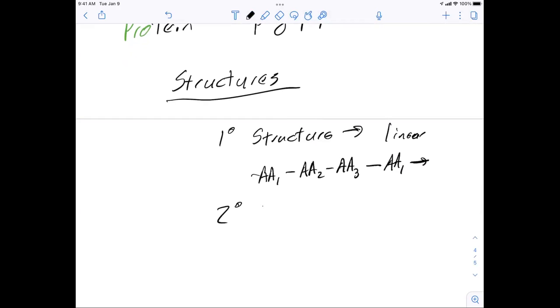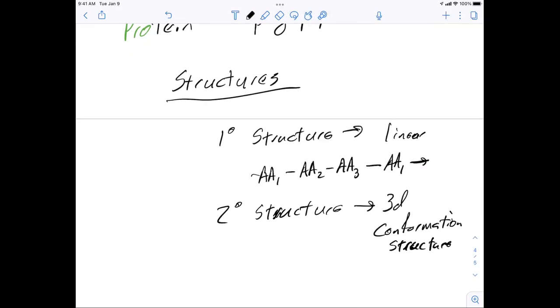Our secondary structure is the 3D conformational structure. So if we go back to our Newman projections, right? And we've got eclipsed and staggered forms, right? And so you've got these different forms.